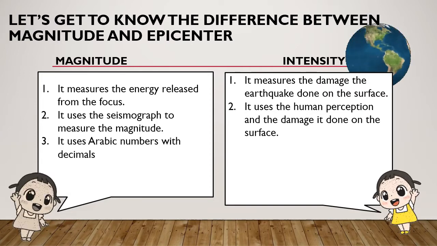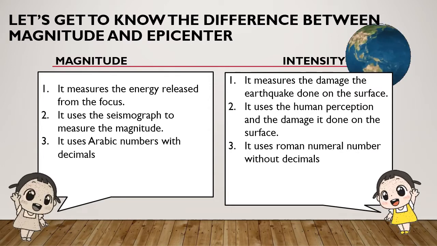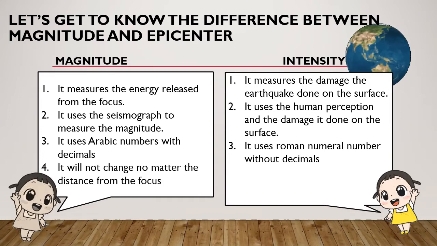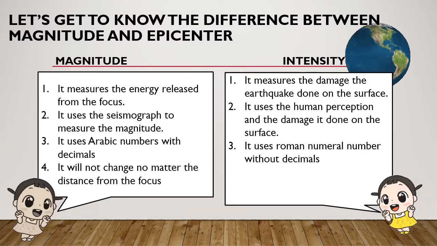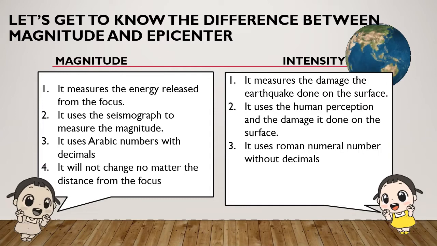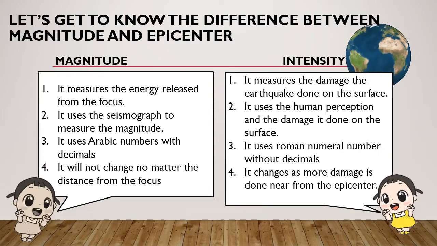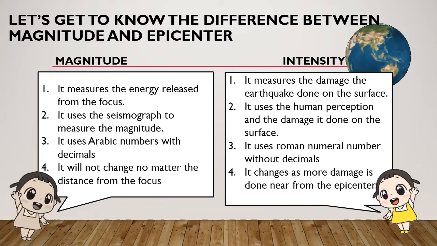Magnitude uses Arabic numbers with decimals. Intensity uses Roman numerals without decimals. Magnitude will not change no matter how far or near you are from the focus, while intensity changes.